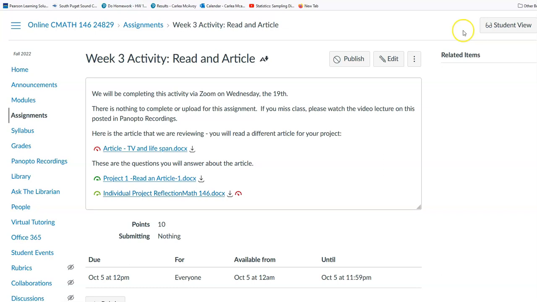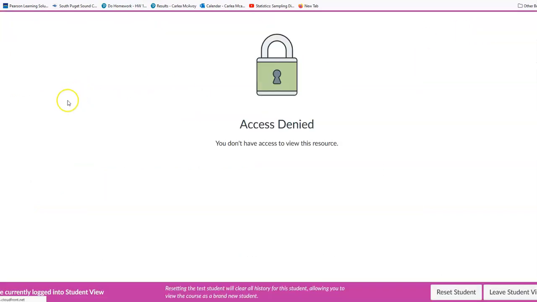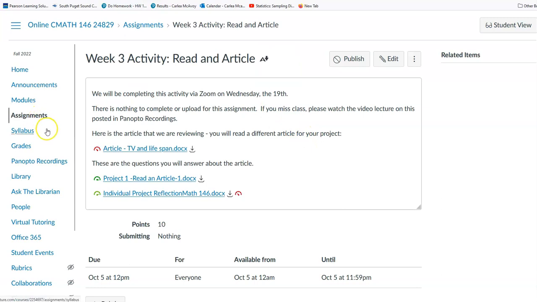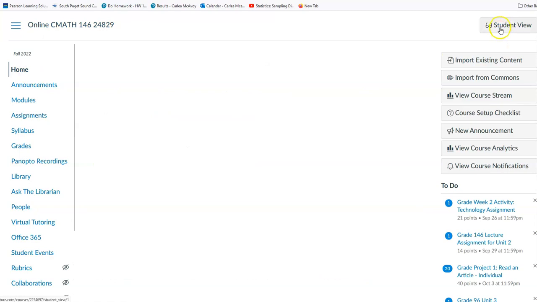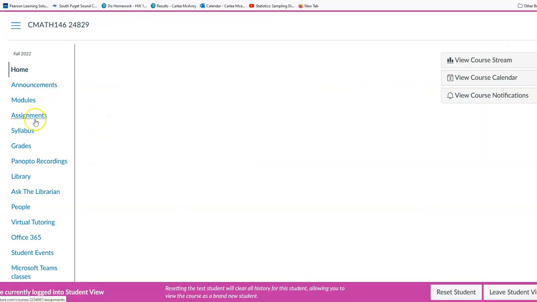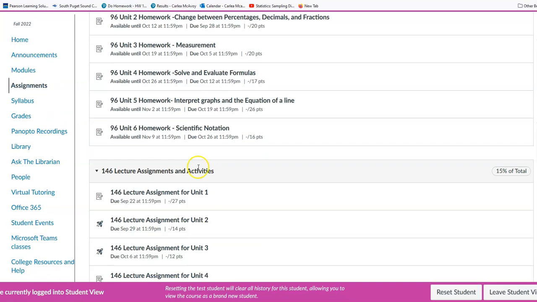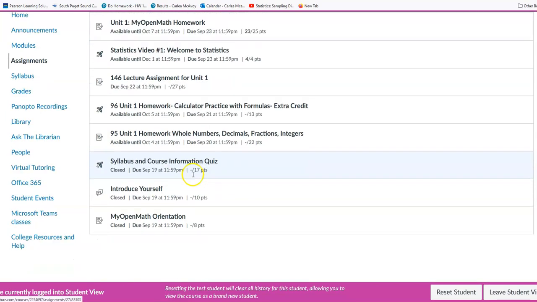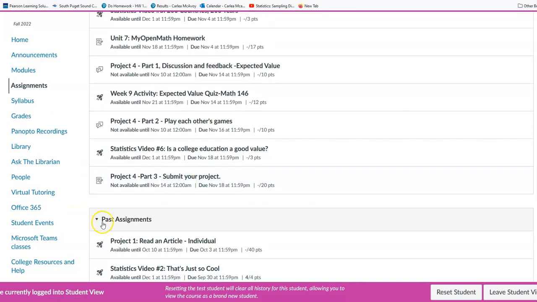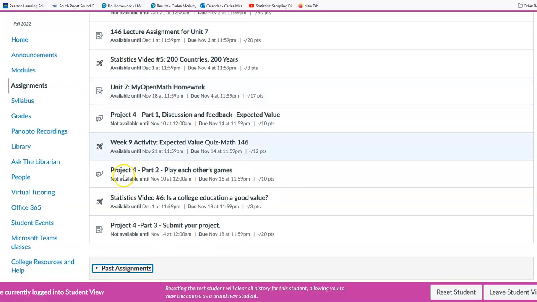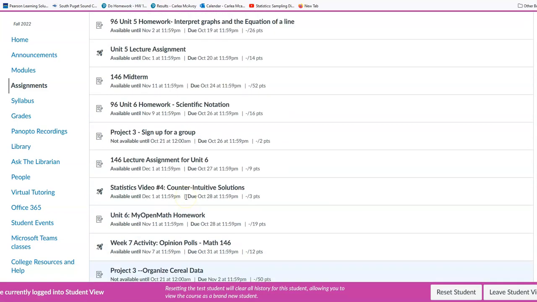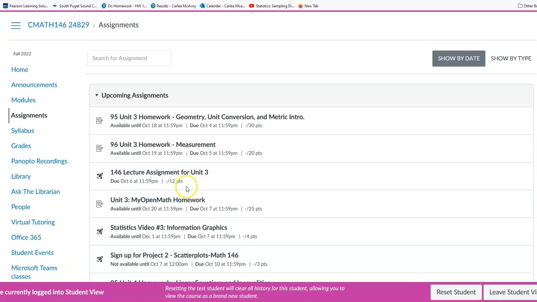There is going to be a title page, and I'm not sure in the student view if you can see it. Let's go to home. Let's see what I can see as a student. If I went into assignments and went down to past assignments, I don't think you can see it until it's available.